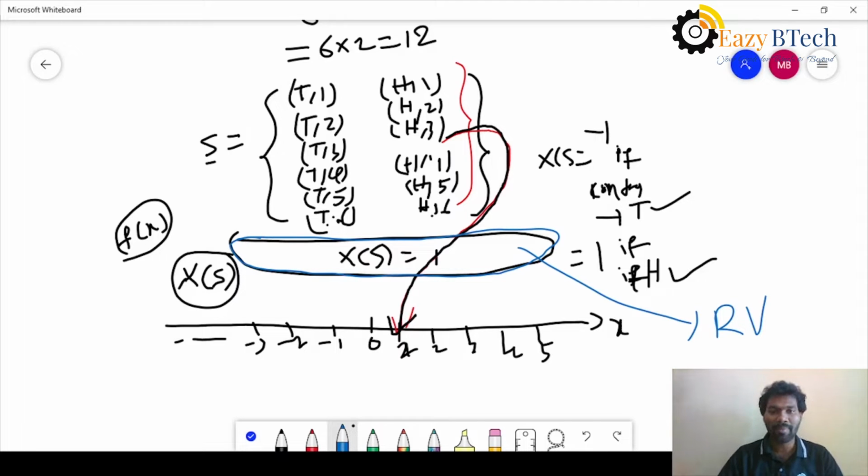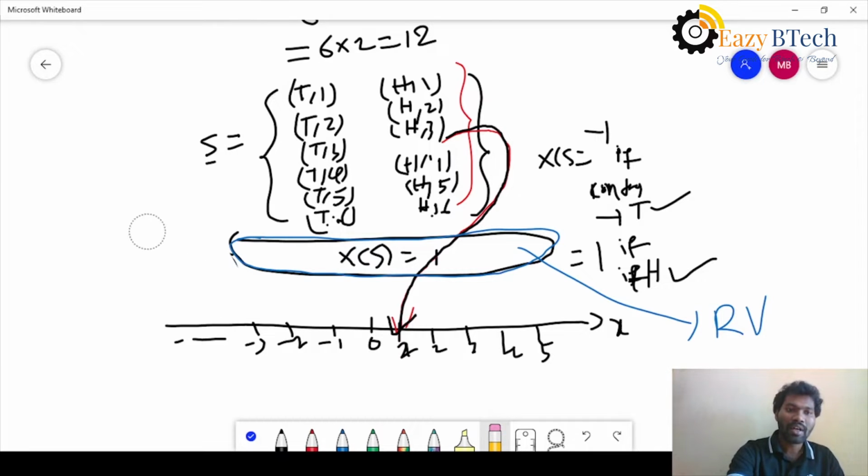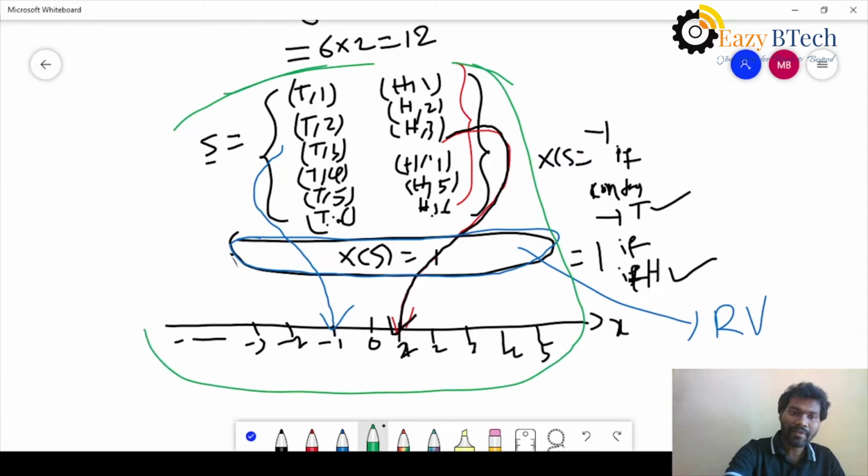Through that you should map. Similarly, I'll map tail. If tail comes, it becomes minus 1. So for all these values, I get minus 1. The entire figure is called the random variable.